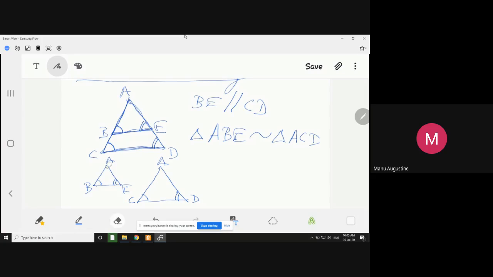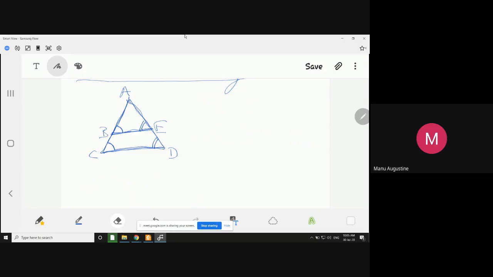So let me take this same triangle ABE and triangle ACD. We already know that these two triangles are similar because two of their angles are the same. And if two of their angles are the same, there is no need to further explain that the third angle will also be the same, because the third angle is simply 180 minus the sum of the other two angles.